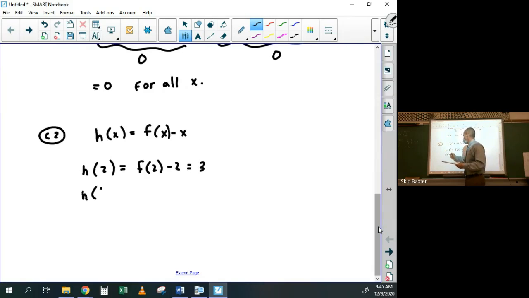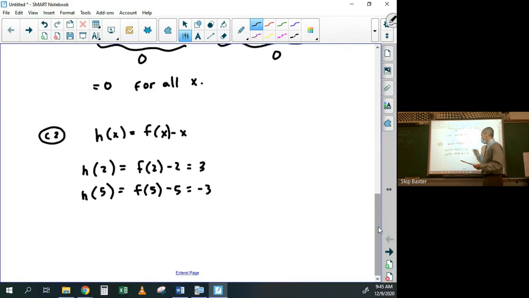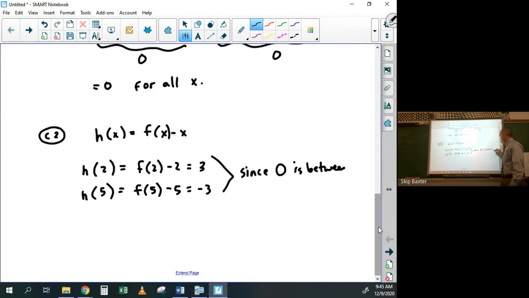If you find h of 5, this is f of 5 minus 5, which is 2 minus 5, which is negative 3. So since 0 is between negative 3 and 3, there has to be, by the intermediate value theorem.